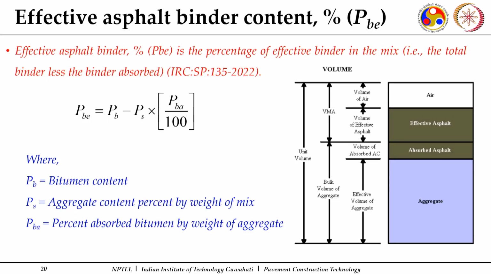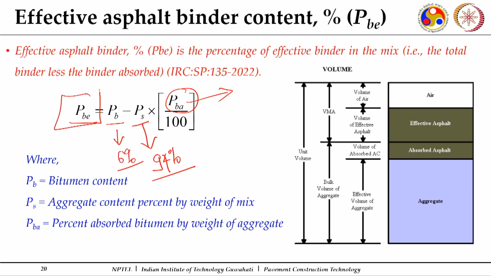And then finally, once this PBA is there with us, you can work out how much is the effective binder, because how much is free is with respect to the total weight of my mix. So for this particular one, PB is the actual binder content which you have inserted. For that example, we took 6%. PS will be the remaining, the percentage of aggregate, and then whatever PBA you are going to work out will be mentioned here.